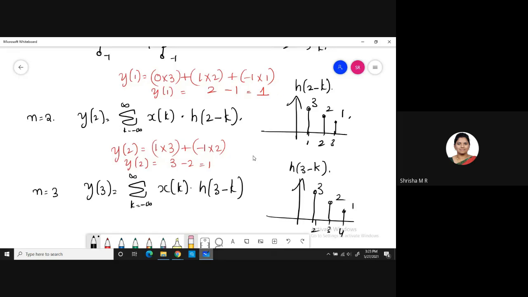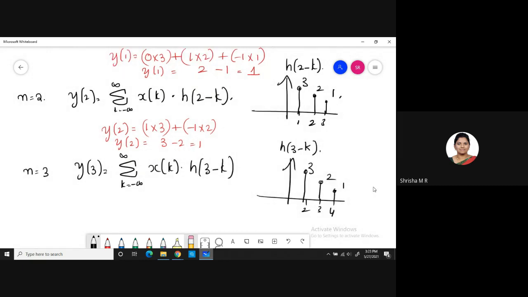So now check the overlapping space between x of k and h of 3 minus k. I'll draw x of k here for your reference. At minus 1 and plus 1 it is 1, and at minus 2 it's minus 1. So where is it overlapping? Overlapping is at 2 alone.